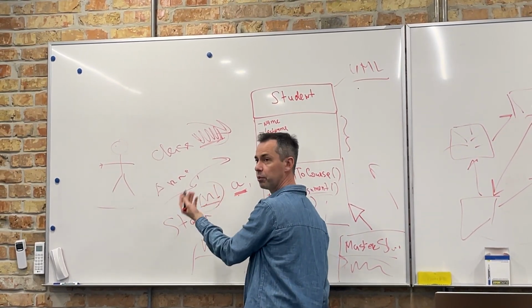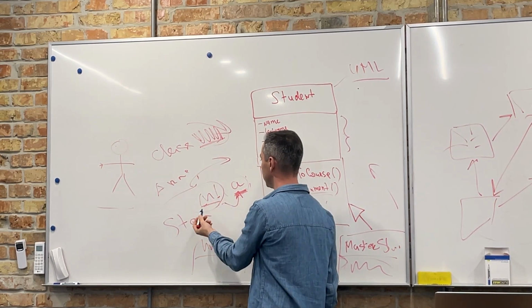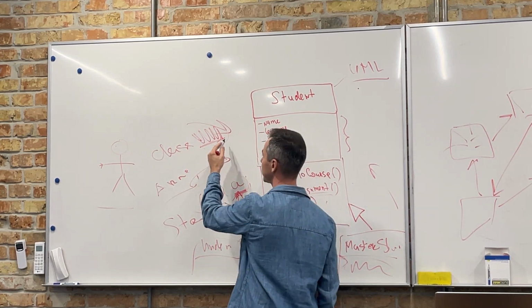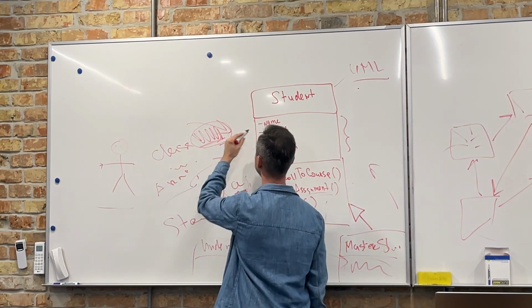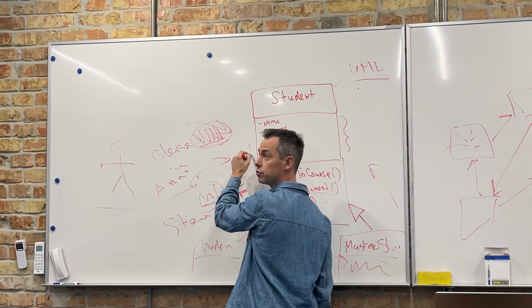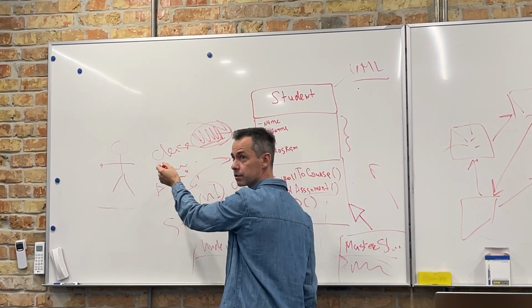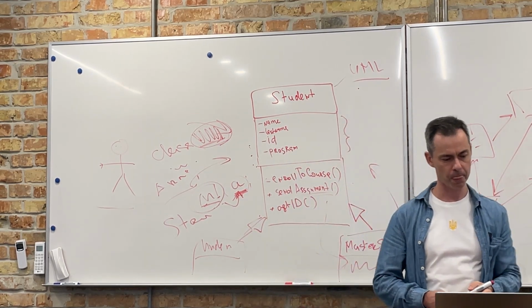Int is a kind of blueprint for this integer. So this is the blueprint, this is the actual instance. The same with class. We have a class, and then we create objects of that class, actual student 1, student 2, student 3. Those will be objects of the class, instances or variables of that data type.